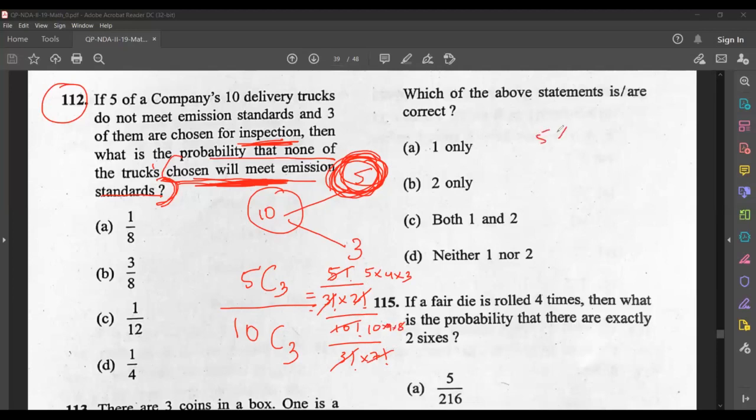So we have 5 into 4 into 3 divided by 10 into 9 into 8. This is 2, this is 2, this is 3. So that is 1 by 12. Option C. 1 by 12 is the correct answer.